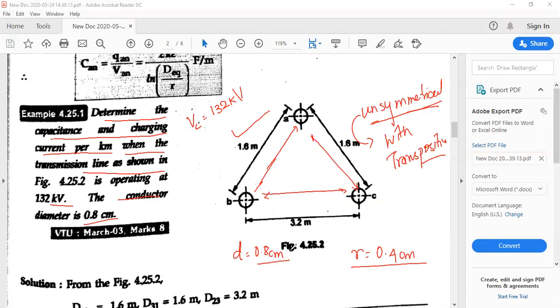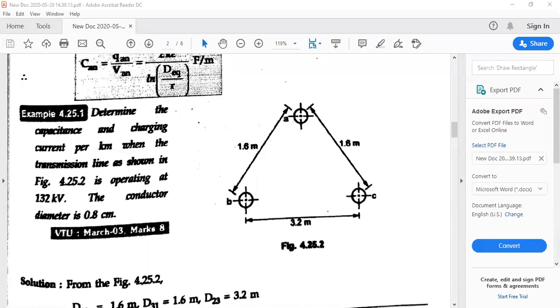From 0.8 you will be able to find it easily, and from VL follow, and after following the question you have to list down what needs to be found. What needs to be found is the capacitance of unsymmetrical spacing, the phase to neutral value of the capacitance. It is given by 2 pi epsilon naught epsilon r.